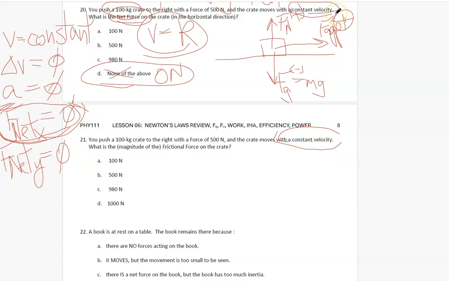That's the applied force, the push force. Well, if it's being pushed with 500 newtons and yet there is no net force, there must be a balancing force in the exact opposite direction, also 500 newtons, but pointing in the negative direction, and that is our frictional force. So we now know the frictional force must be equal to 500 newtons in the negative direction.